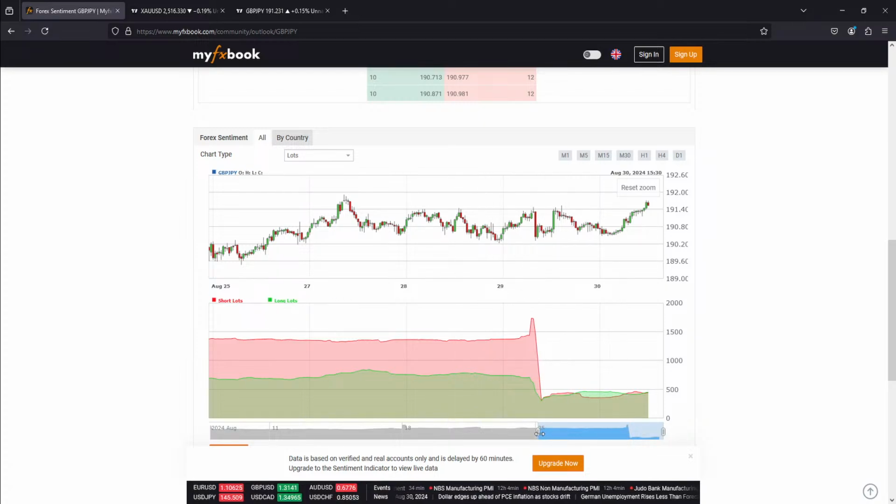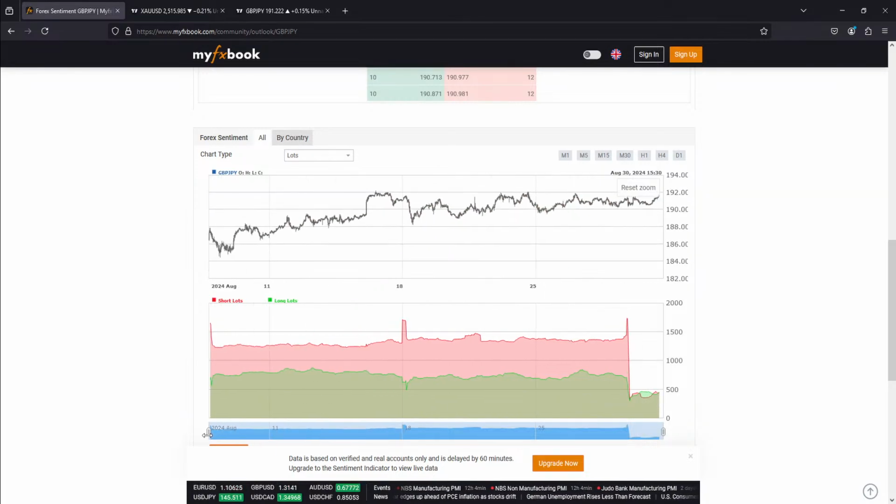So let's zoom out a little bit from this. Now as we can see, GBP JPY has been moving sideways for the past few times, up and down, up and down, up and down.